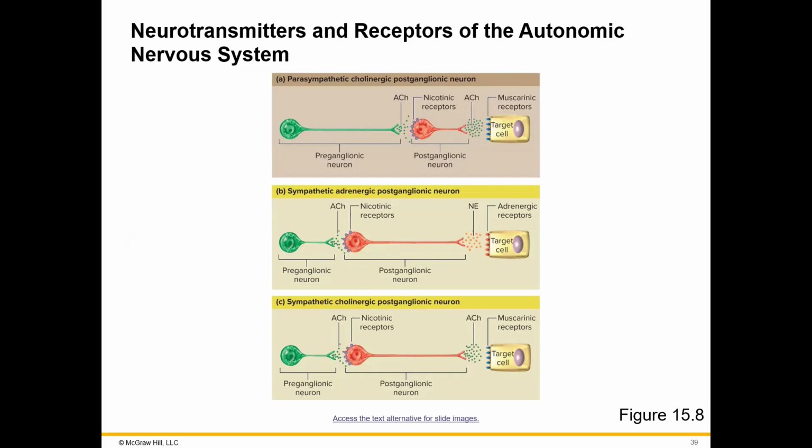So when norepinephrine binds the G-coupled protein receptor, you're going to have a downstream signal transduction cascade that's going to trigger a second messenger, and the second messenger is going to give you the target effect. So no action potential with norepinephrine. Norepinephrine binds a G-coupled protein that's going to do a cascade to give you a target effect.